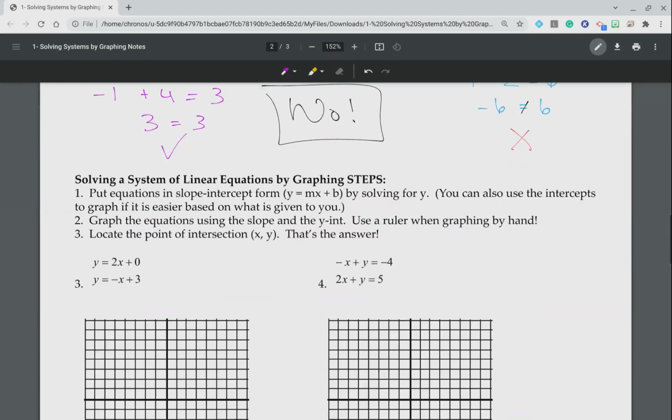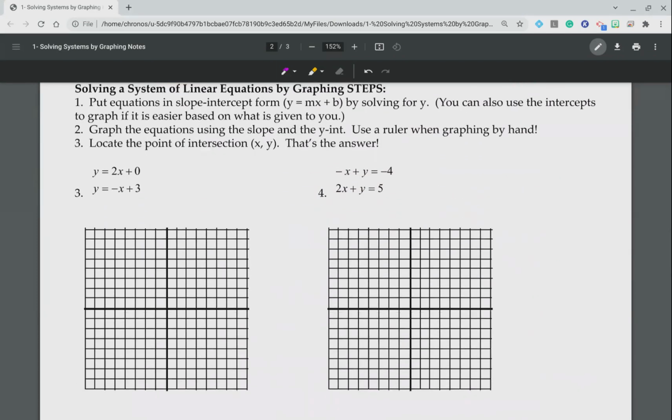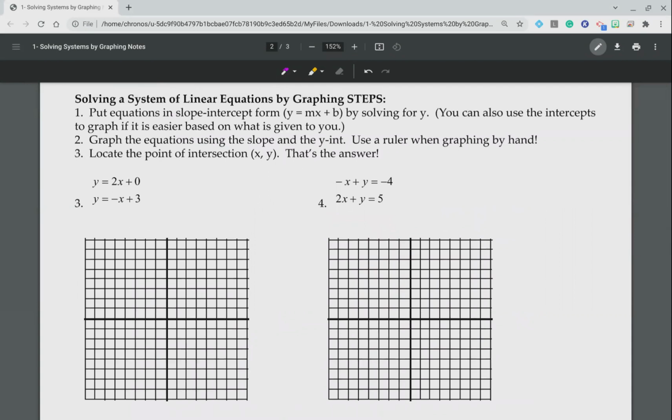Okay, so let's get into solving equations by graphing. Remember, to graph an equation, you need a slope and your y-intercept, our b. For this one, our slope is 2/1 and our b is 0.